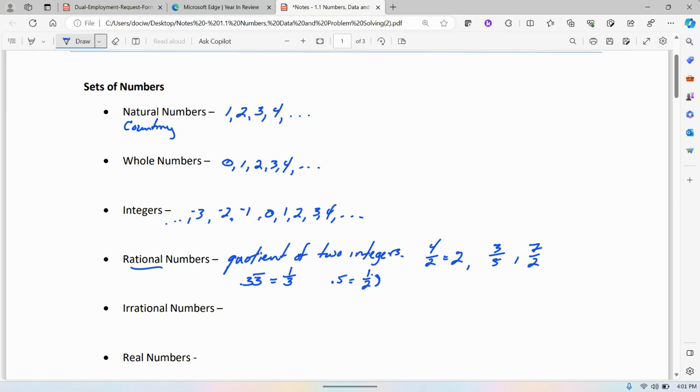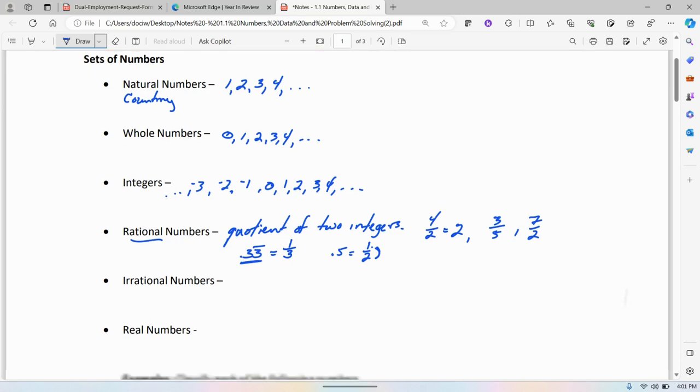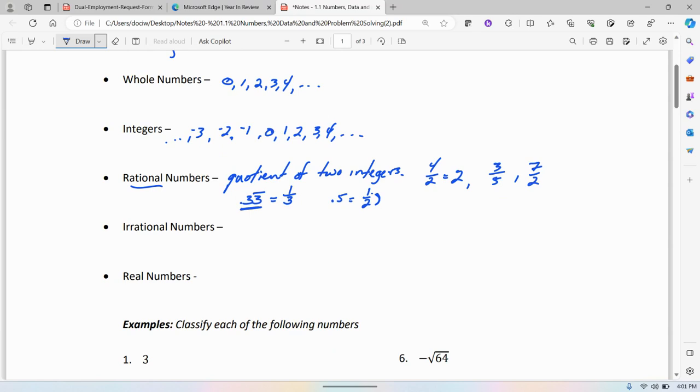Any decimal that will repeat, like 0.33 repeating, can be expressed as a quotient of two integers, in this case, 1/3. Irrational numbers are numbers that can't be expressed that way. So an irrational number might be the square root of 2, pi. Any decimal that neither ends nor repeats is an irrational number.